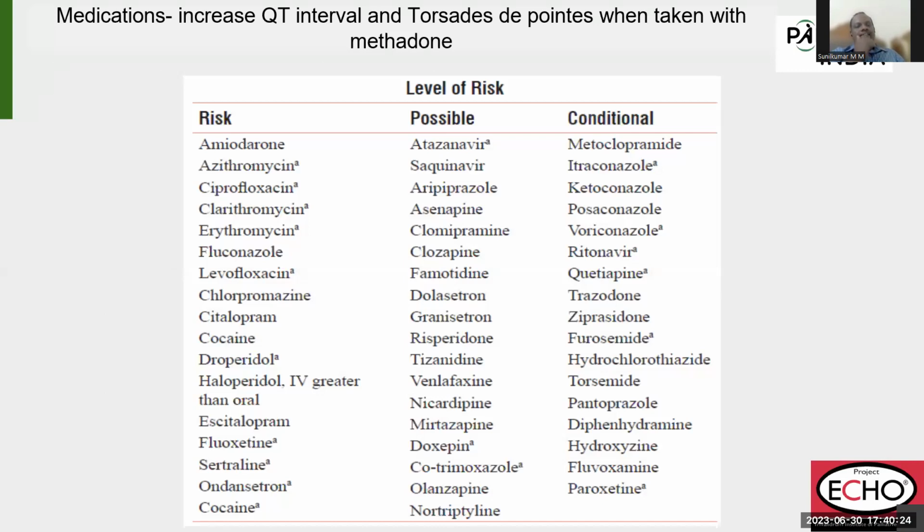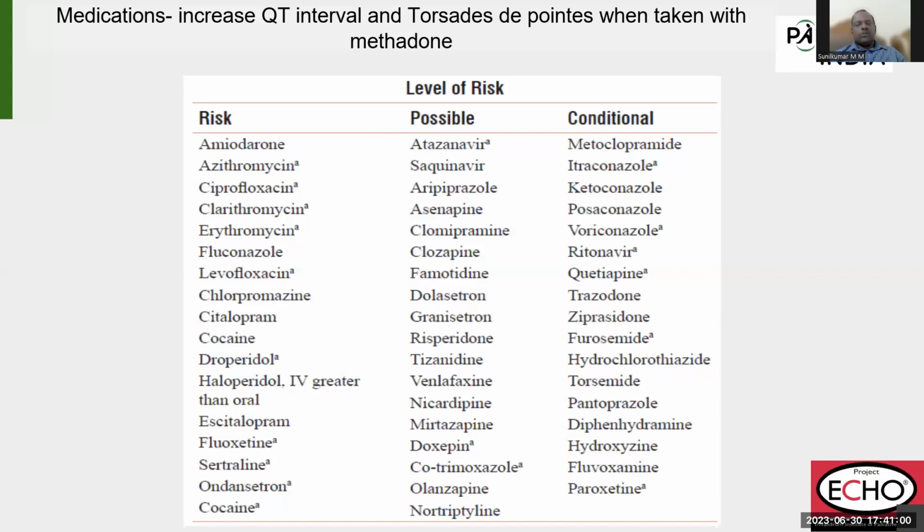There is a list of medications which can increase the QT interval and cause torsades de pointes when taken along with methadone. If you note the level of risk on the left-hand side, those medications are commonly used by palliative care physicians. You can see ciprofloxacin, azithromycin, fluoroquinolones and macrolide antibiotics, then citalopram, haloperidol, escitalopram, fluoxetine, ondansetron.